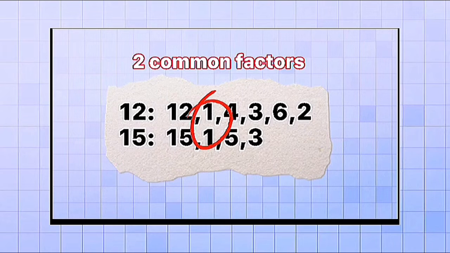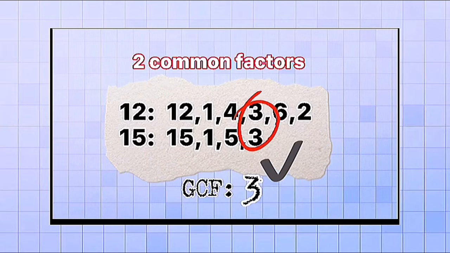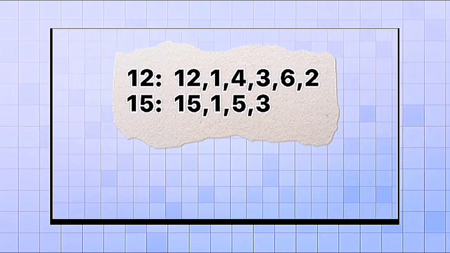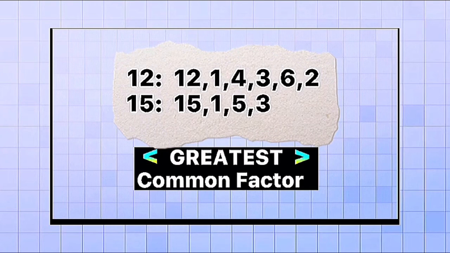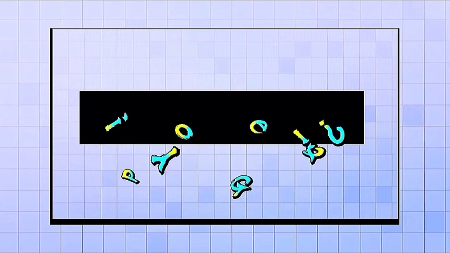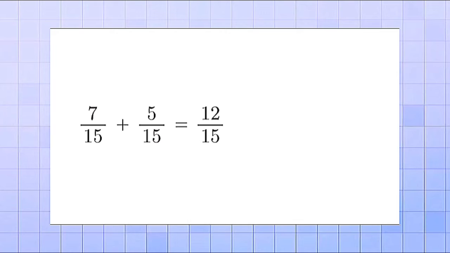These are 1 and 3. The GCF of 12 and 15 is 3, not 1. This is because 3 is greater than 1, and we are looking for the greatest common factor. Did you get it? So we now have a GCF of 3.